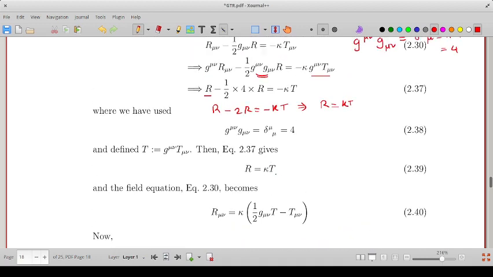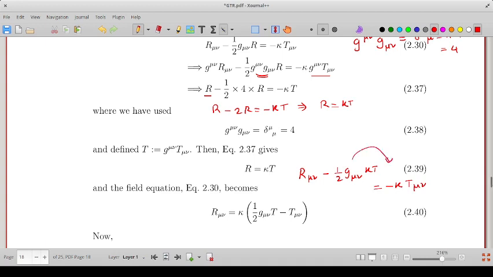So Einstein's equation now becomes R mu nu minus half g mu nu R, where R is equal to K T, equal to, on the right hand side, K times T mu nu.